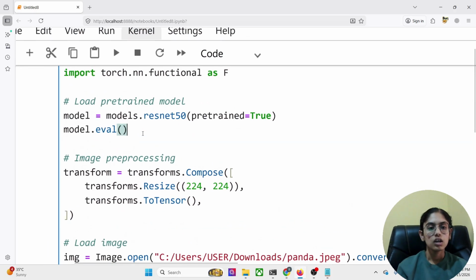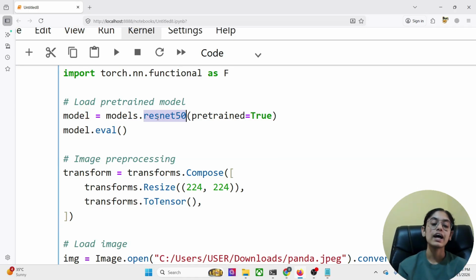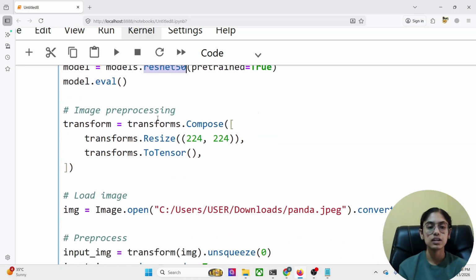Next, here we are loading the pre-trained model, and for this illustration I am using the ResNet model. Why ResNet? We have a number of other pre-trained models also, but this particular ResNet has already been pre-trained on millions of images, so that's why I'm using the ResNet.